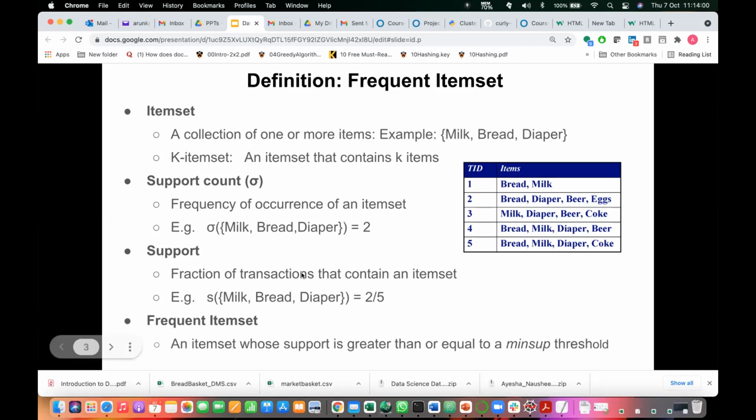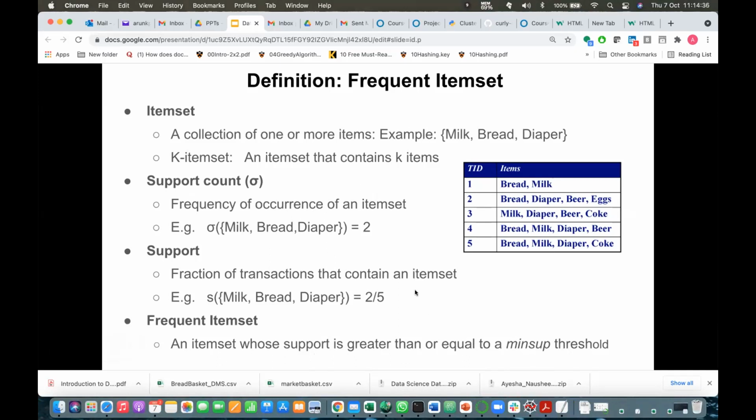So what is the meaning of frequent items? An item set whose support is greater than or equal to a min sup, which can also be read as the minimum support threshold. So to define an item set as frequent, first we define a threshold. If that item set has support more than that minimum support, then it is called a frequent item set.